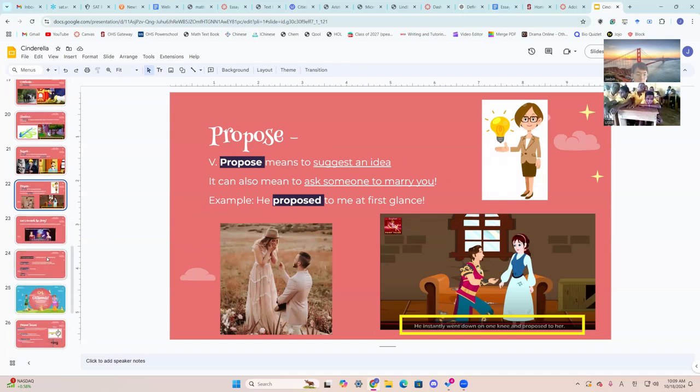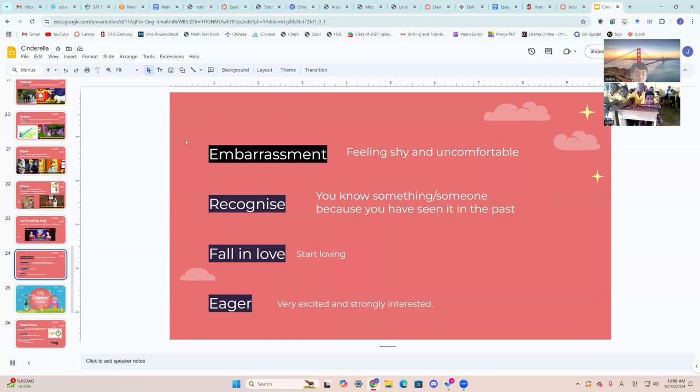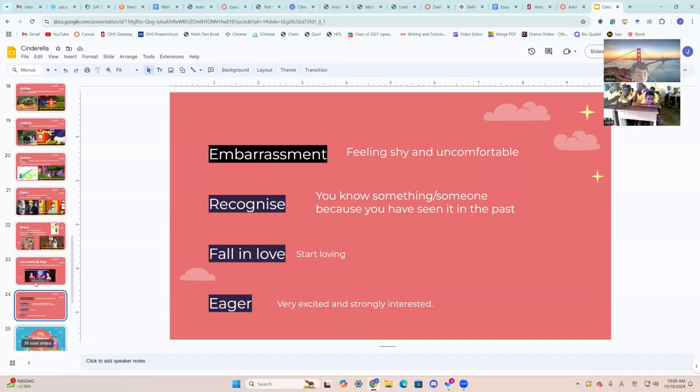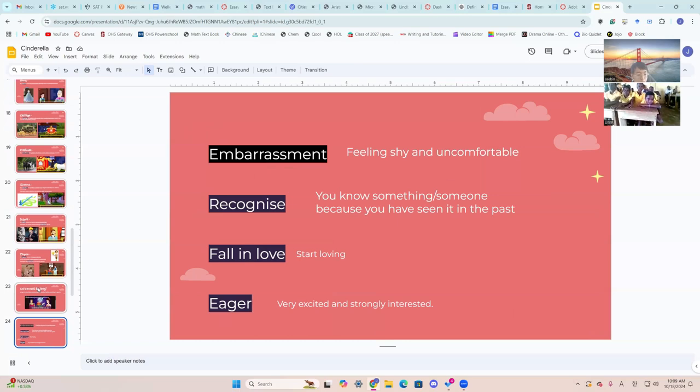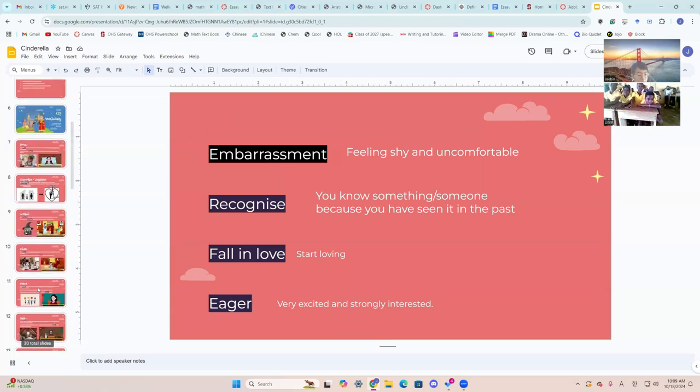And those were 16 words in total with the four additional words, so that makes it 20. So I introduced you to 20 possibly new words that you might not have heard of before. So just keep in mind those 20 words and I think it is the end for today.